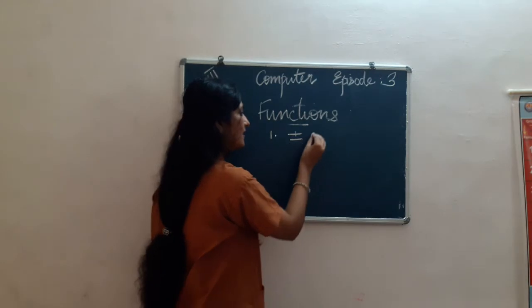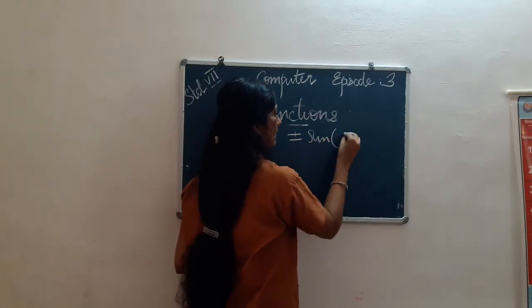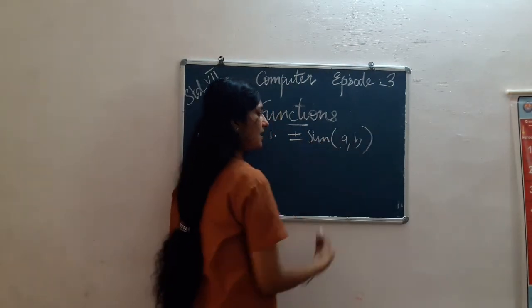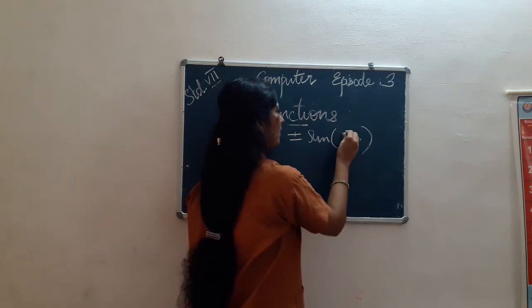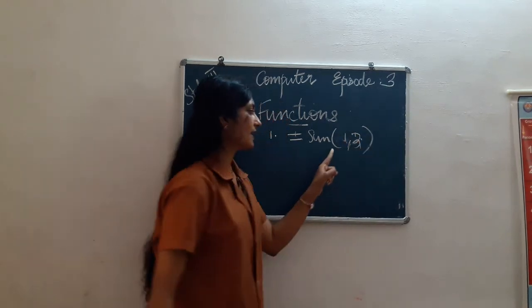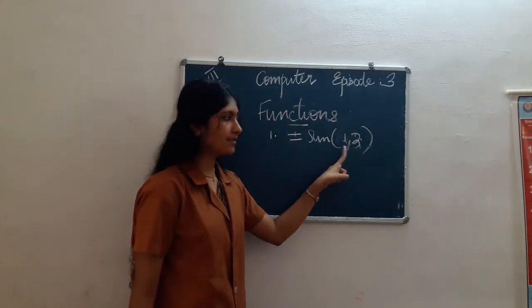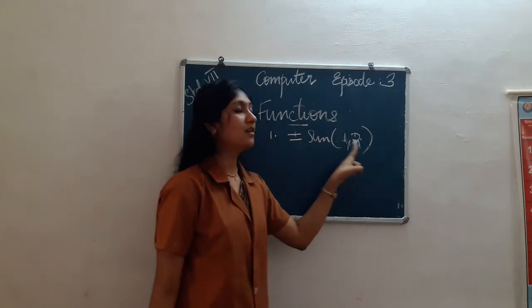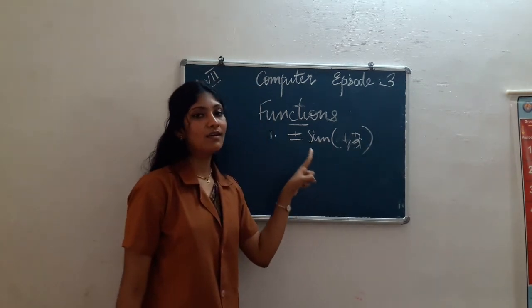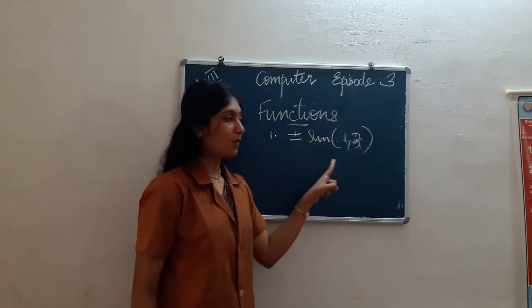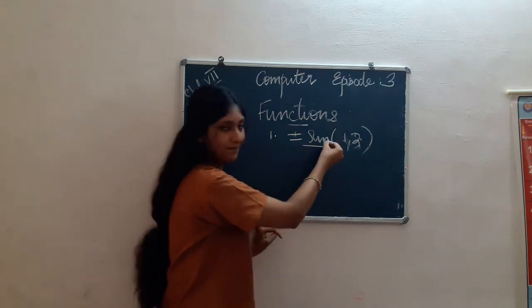For example, sum of 1, 2. Here this is the open parenthesis and this is the closed parenthesis. So parentheses are used for opening and closing of the function sum.